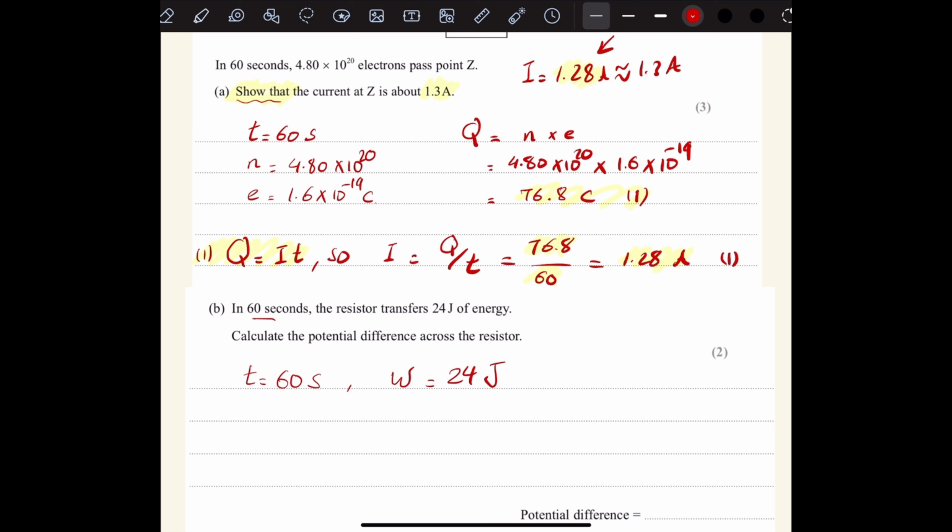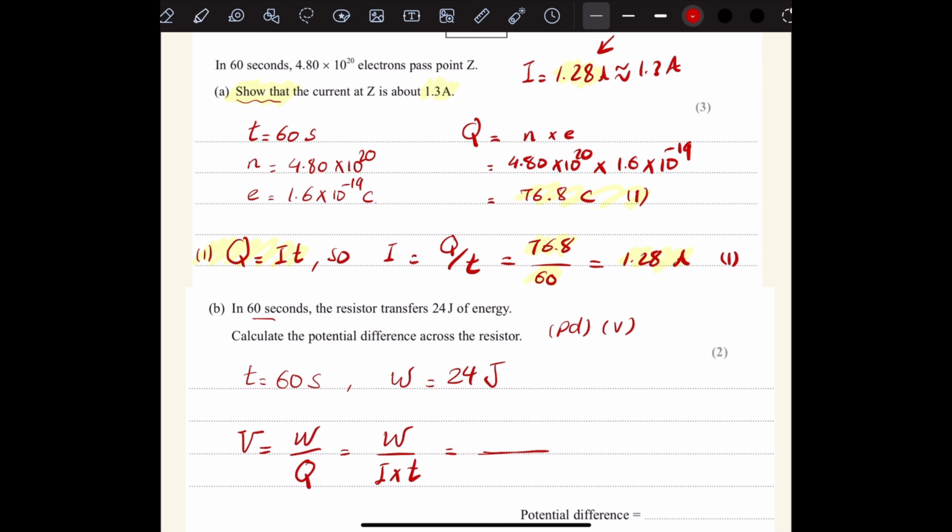This is the energy, and the examiner is asking for calculating the potential difference, which is the PD or voltage. So there is one simple formula linking the voltage, which is the work done over the charge, and the charge, which is I times T, the current times the time.